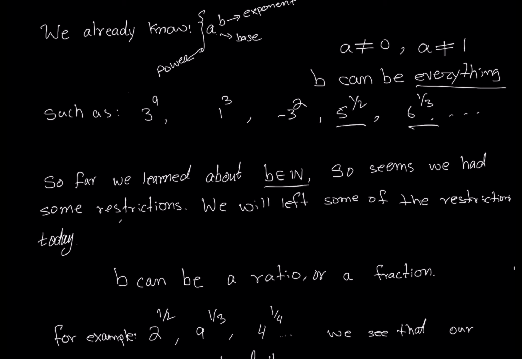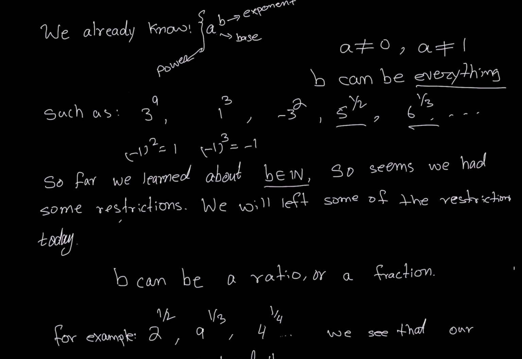Negative 1 to the power 3 will give you negative 1. But negative 1 to the power of 2 will give you plus 1, because negative times negative is plus. So you just have to know that an odd power keeps the negative sign, and an even power will always give you a positive number.